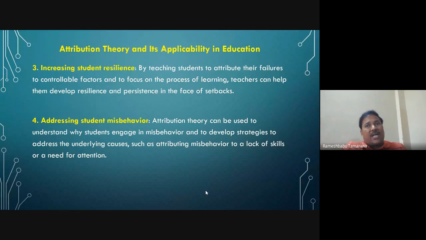Students have to come with preparation and write the examination, not bring chits and be found by the examiner and sent out. So if you focus on why students engage in misbehavior and develop strategies, probably they did not understand the concepts very well.